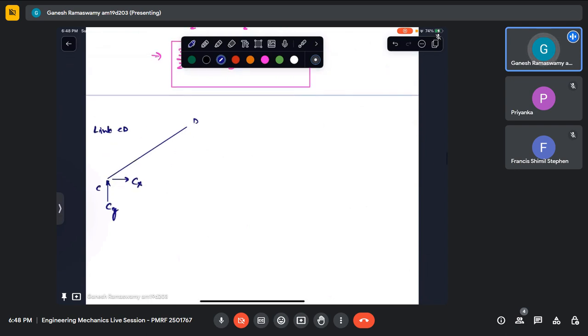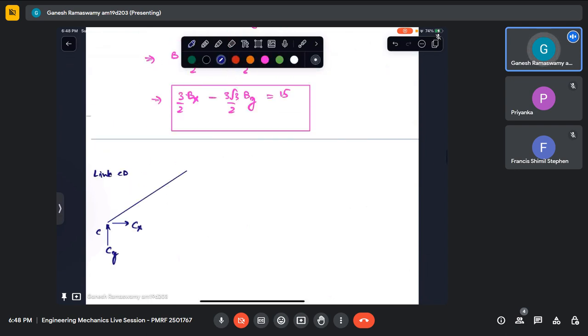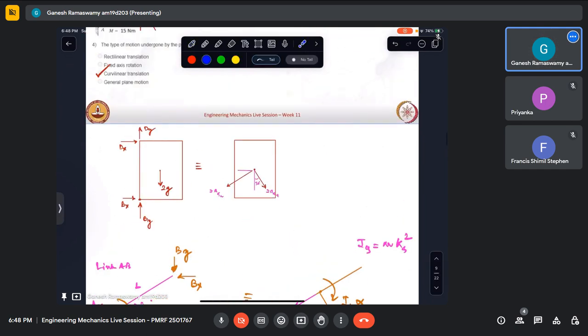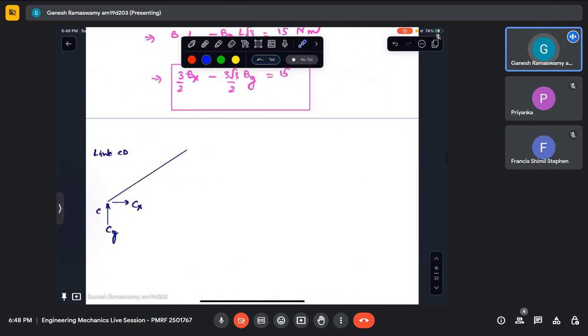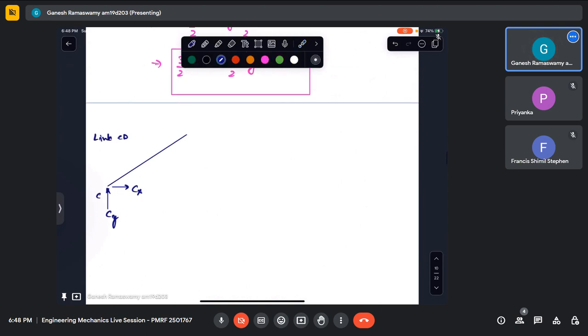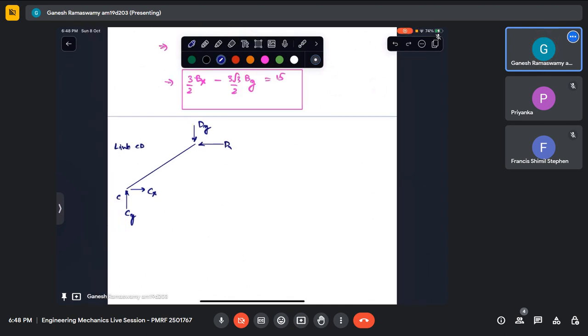And at D, since I have already specified this, it would necessarily have to be the opposite of this in order to have consistent results. So Dy is pointing down, Dx is pointing to the left. There is no other force applied on this link. So I have drawn its free body diagram.